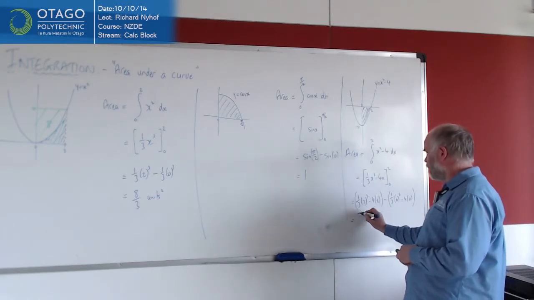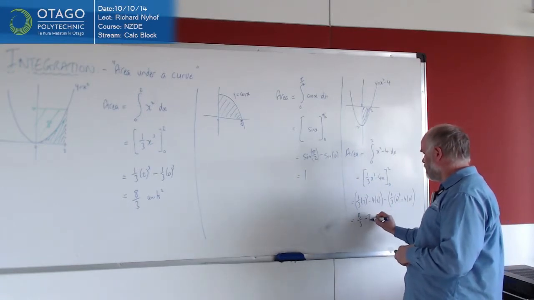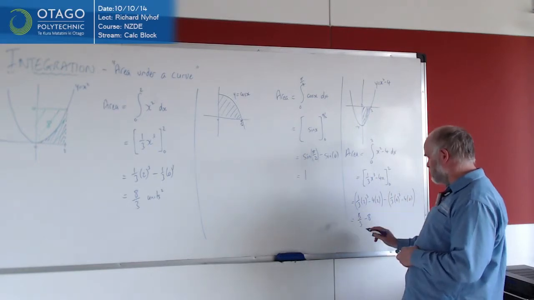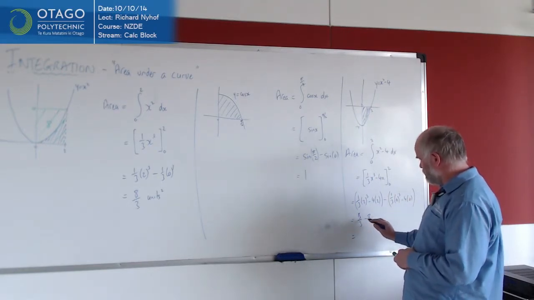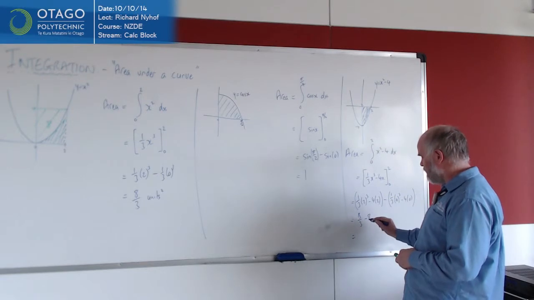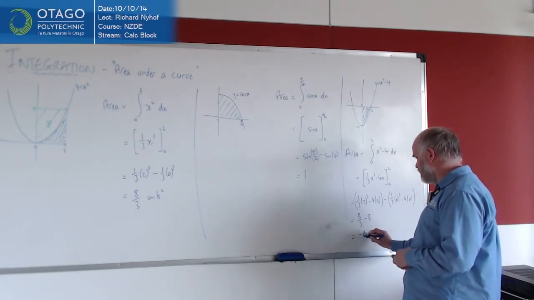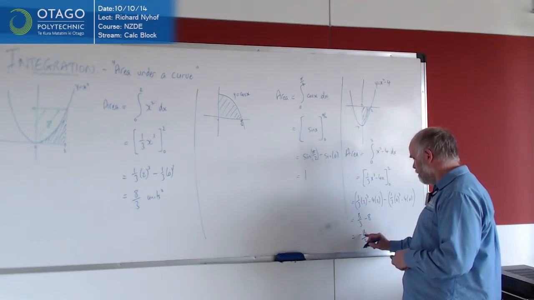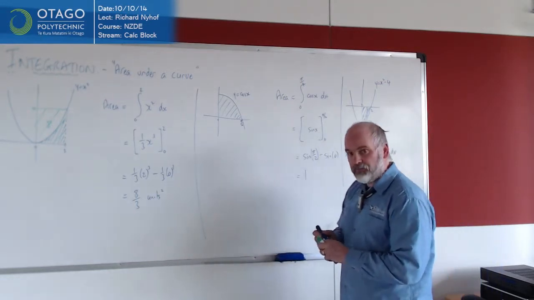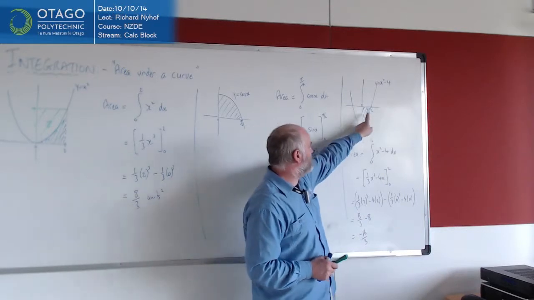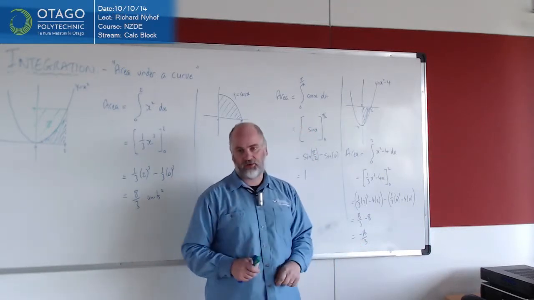What's that? 8 over 3 minus 8, and that lot's all 0, so it doesn't matter. So that's going to be 8 over 3 minus 24 over 3, which is negative 16 over 3. So apparently, this area is negative 16 over 3.